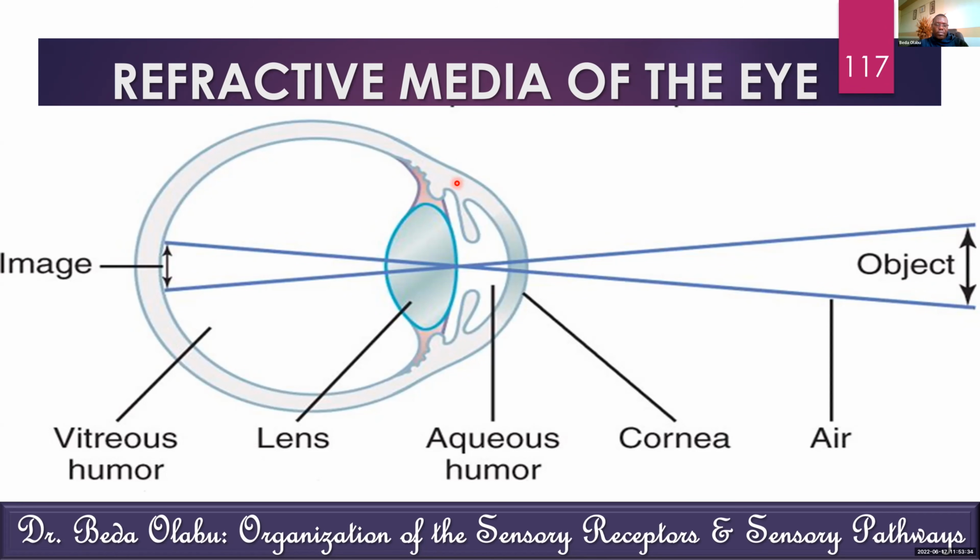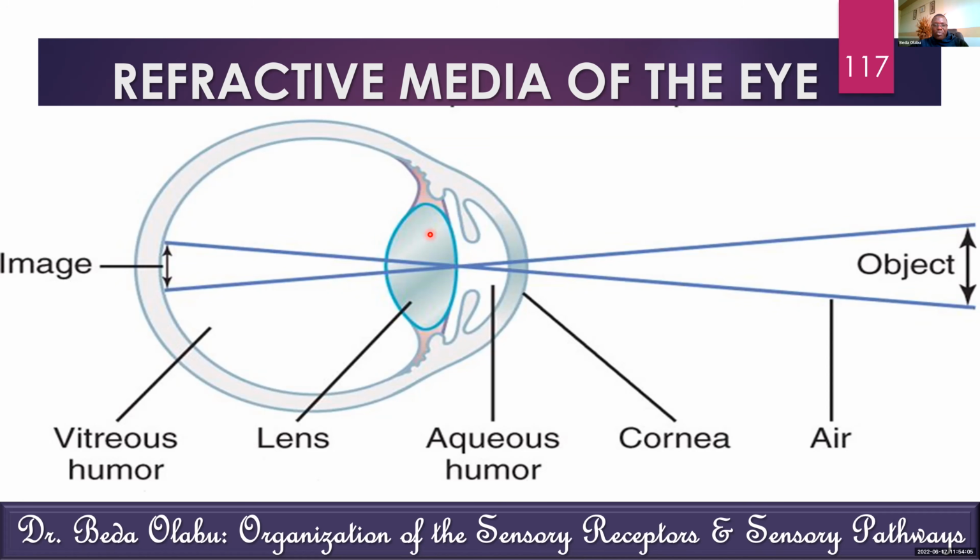In terms of segments, we use the plane of the lens. So what is behind is the posterior segment, and what is in front is the anterior segment of the eye. So with that understanding, the vitreous is in the posterior segment and the aqueous is in the anterior segment.